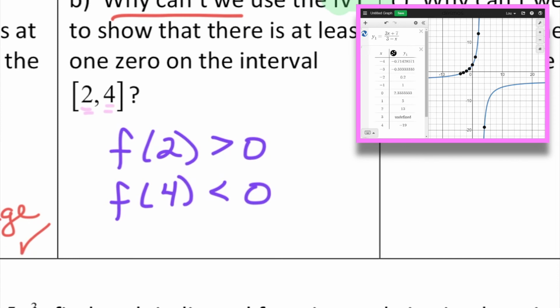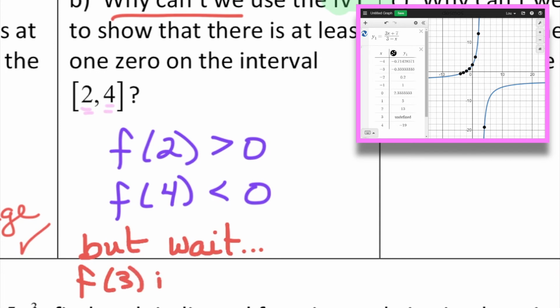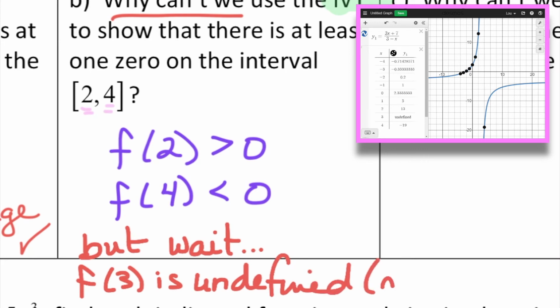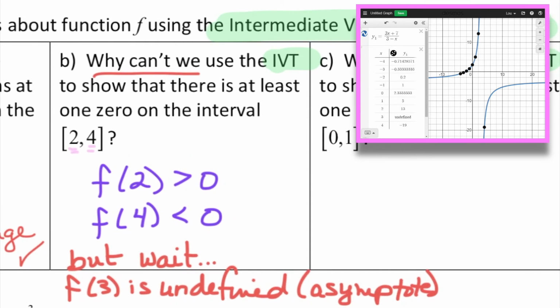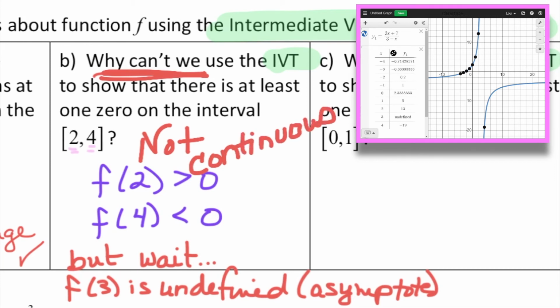But wait, I'm even going to write that, but wait. f of 3 is undefined. There's an asymptote there. And if it says, why can't we? We're going to say it's not continuous, because of the asymptote.